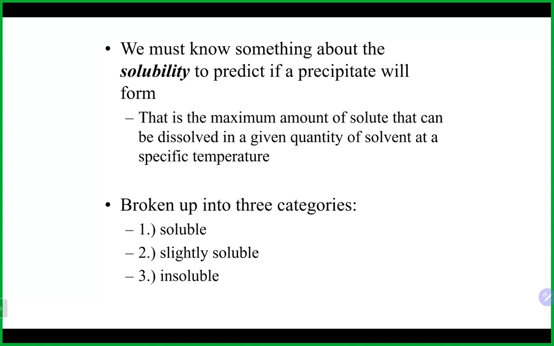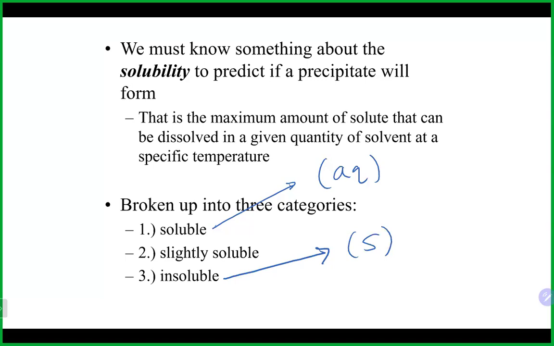So when we use solubility rules, which we're going to look at here in just a second, if something is soluble, it will get that aqueous symbol next to it, and it means you would not expect a solid to form. If something is insoluble, it would get the solid symbol next to it.